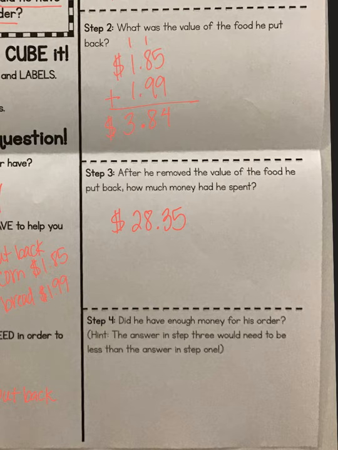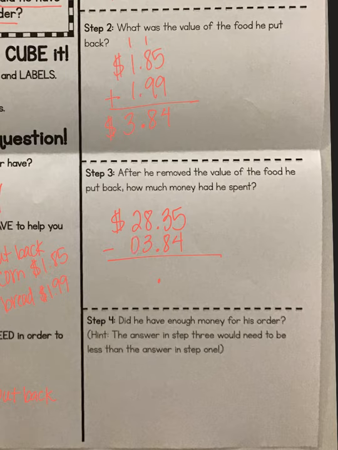How much money did he put back? $3.84. Now I need to add or subtract because I want to know how much money he's spending now. So what would I do, Jonas? Subtract. So we're going to line up our decimals, drop the decimal down, fill in any empty spots with 0.